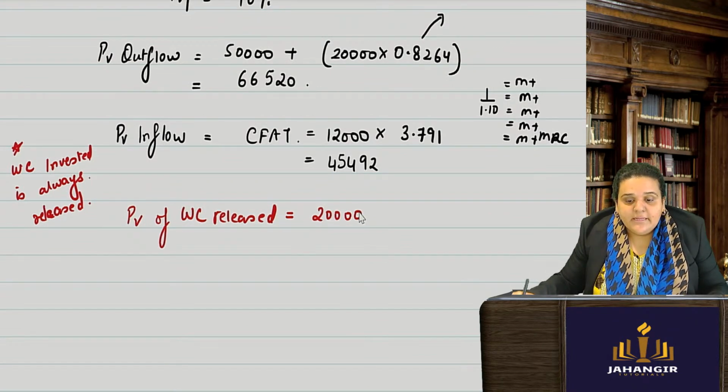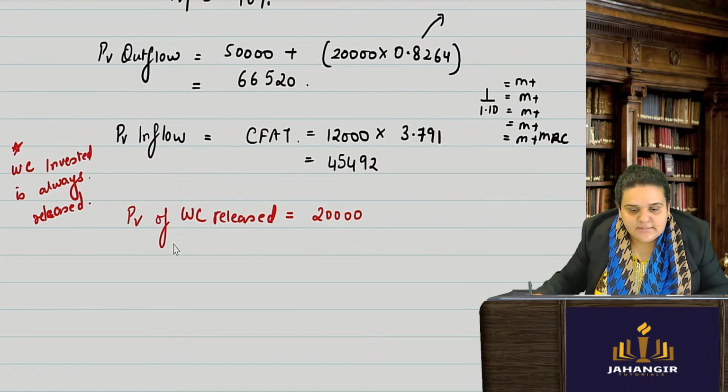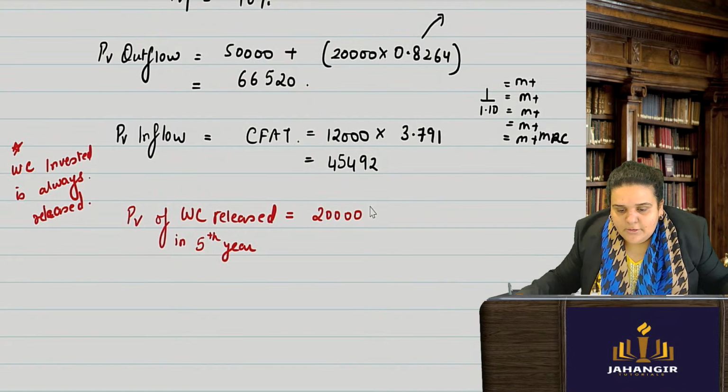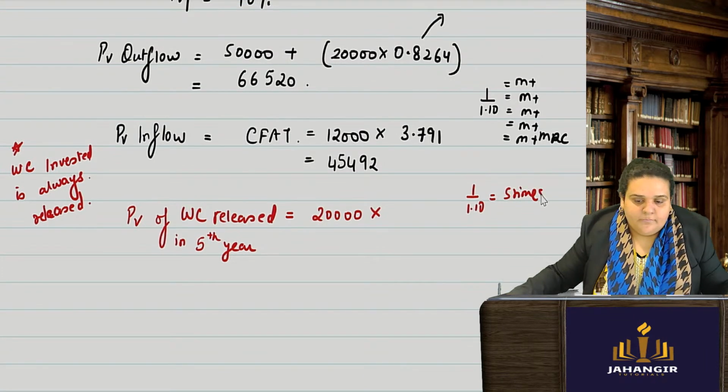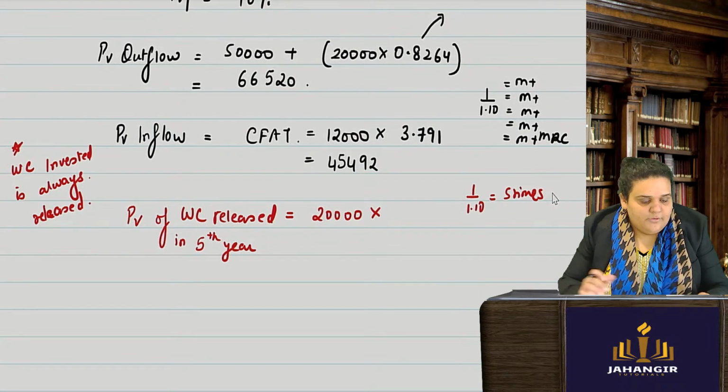I will take the PV factor of the fifth year, not cumulative, released after the project, at the end of the fifth year. So I will do 1 divided by 1.10, equal to 5 times.